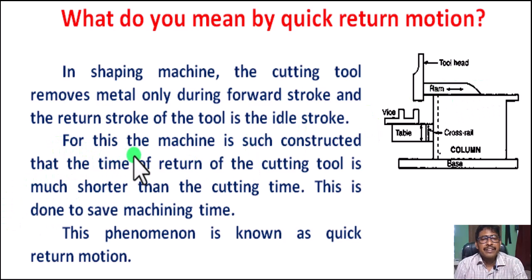For this, the machine is constructed such that the return time of the cutting tool is much shorter than the cutting time. The machine is made in such a way that the return time is very quick.